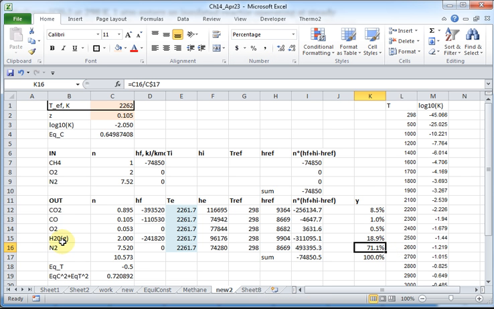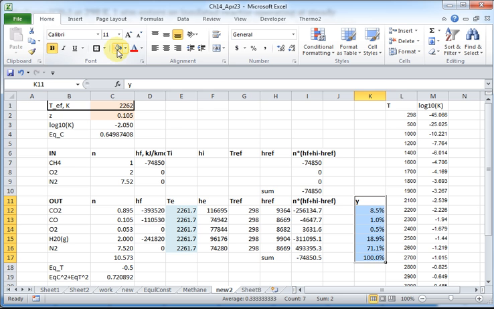So the nitrogen in the product, 71.1% is nitrogen. 18.9% is water. 0.5% is oxygen. About 1% is carbon monoxide, and 8.5% is carbon dioxide. So there's your other part B. So that's how you solve this problem in Excel.